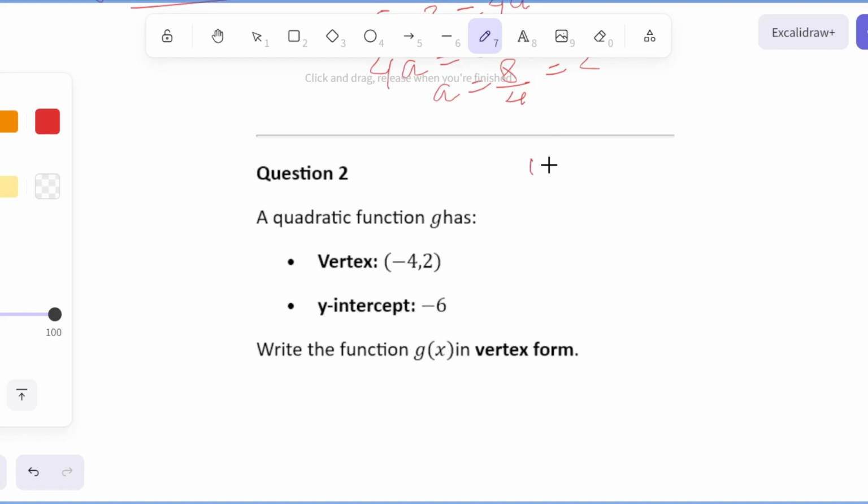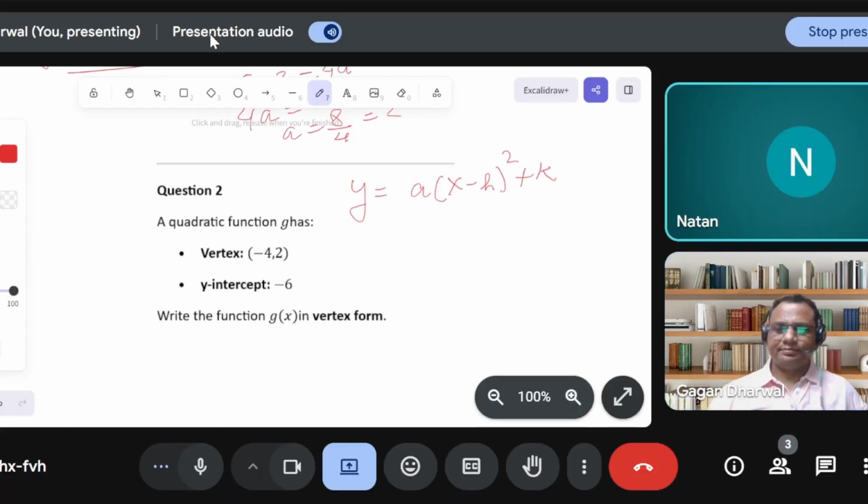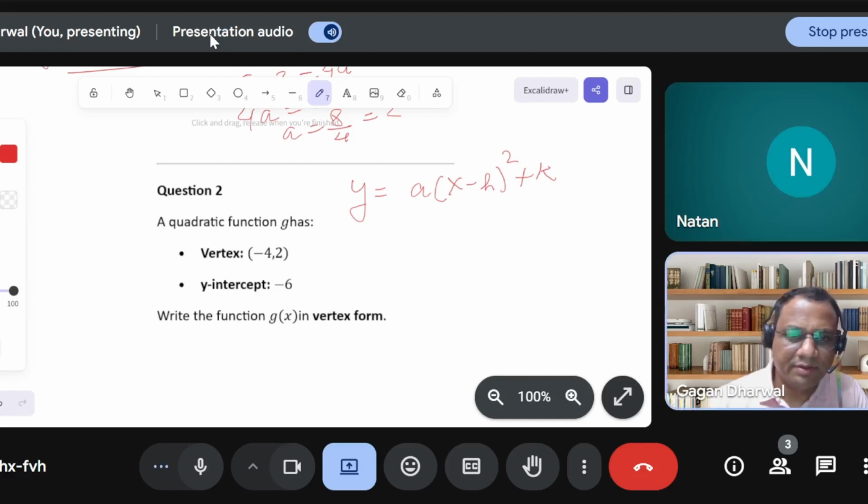Meanwhile, I'll just write the standard equation. H and k are the coordinates of the vertex. And they have given us one piece of information, the y-intercept, which is minus 6.